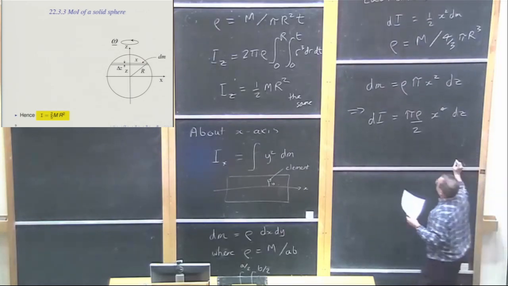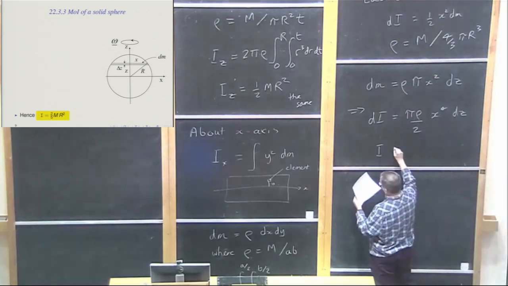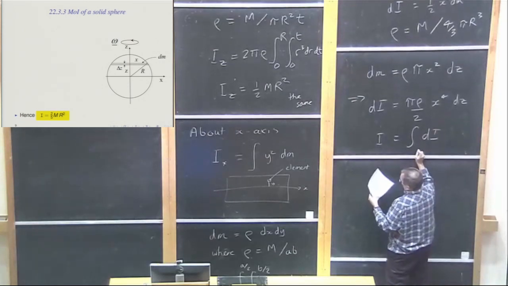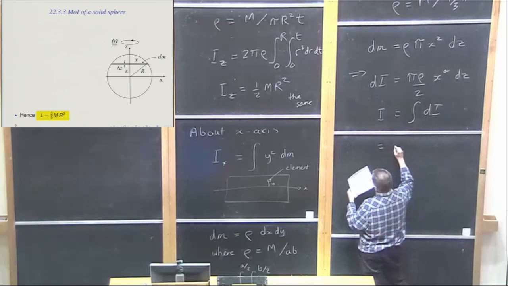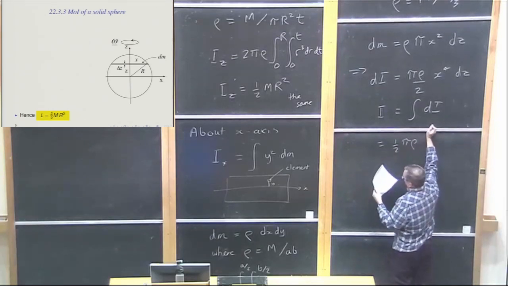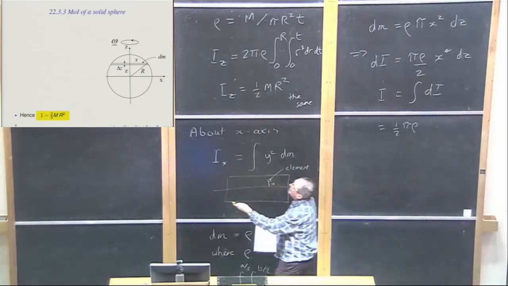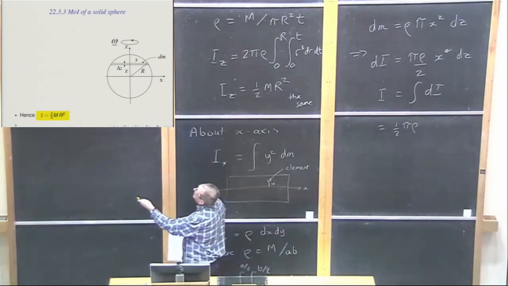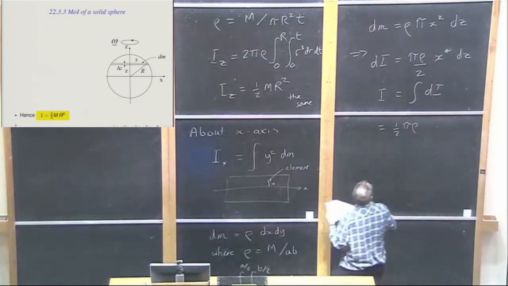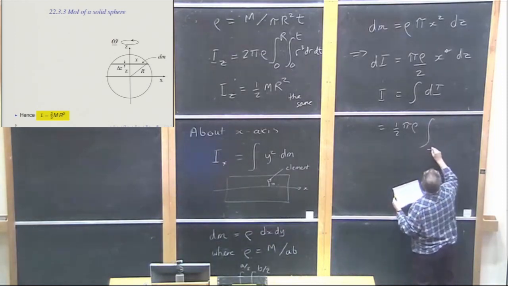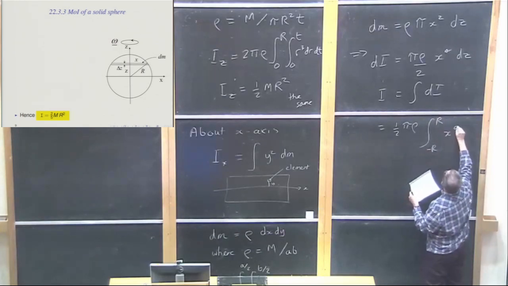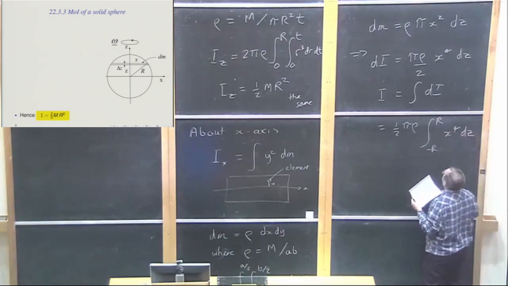And the total moment of inertia comes from summing up all of these disks, which is a half pi rho times the integral from minus R to plus R of x to the 4 dz.